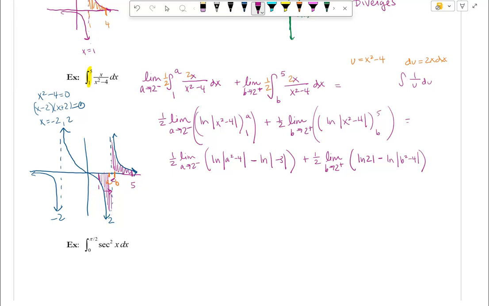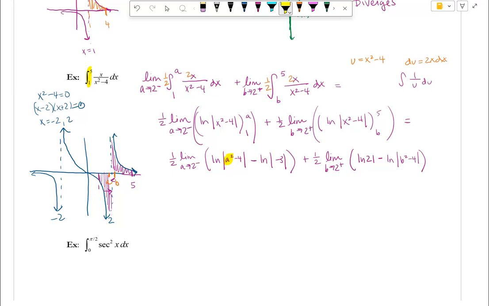All right, so as we think this through piece by piece, as a approaches 2 from the left, a is going to be a number just a little bit less than 2, right? So like 1.99999, etc. So when we square that, a squared is going to be a number that's a little bit less than 4.